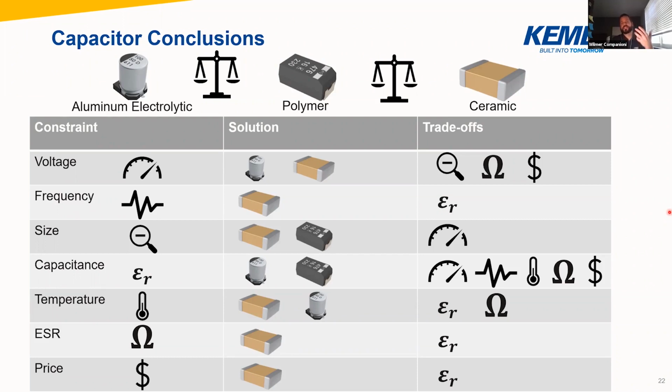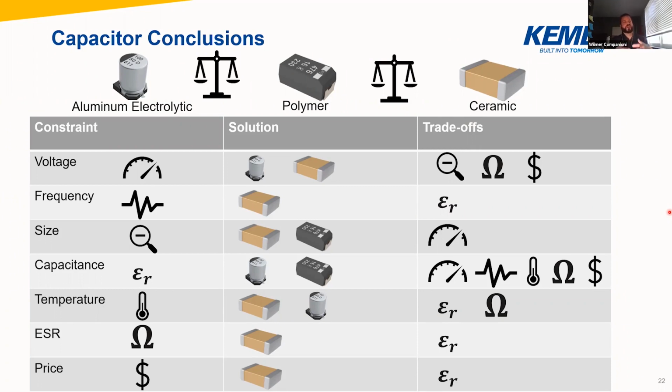For example, if the space design constraint is sufficient enough that a ceramic or multiple placement of ceramic capacitors is just not going to fit, then that might drive you in favor of a tantalum polymer capacitor that has much higher, as we call it, volumetric efficiency. But you have to keep in mind that you may be sacrificing voltage or frequency or temperature when you go with that option. Ultimately, I can't give you all the answers here.